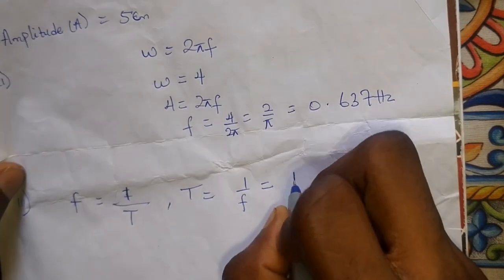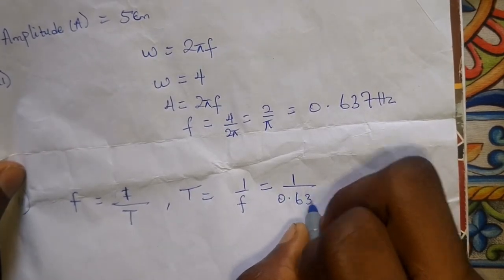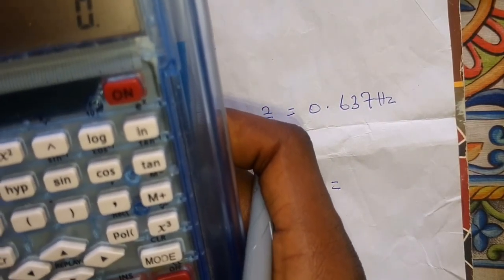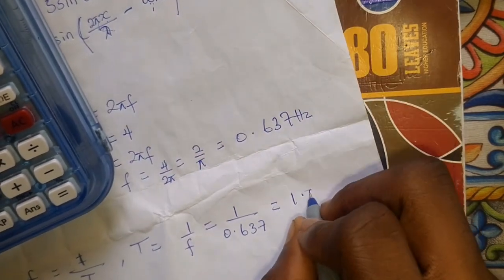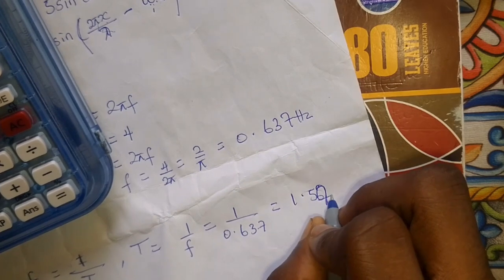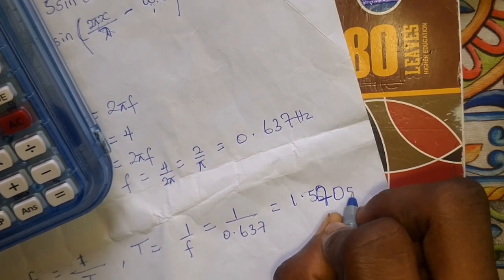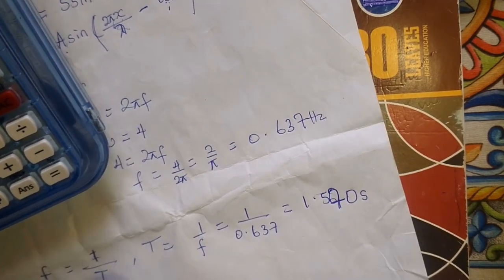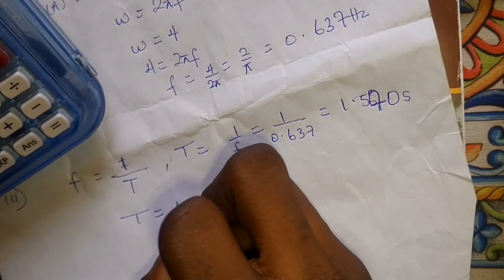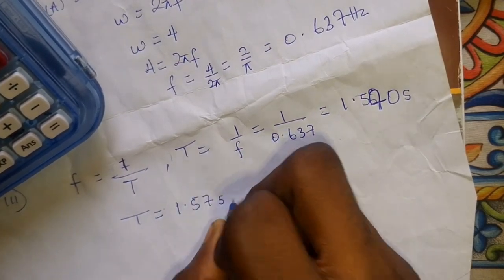So our period is 1 over 0.637, which gives us 1.56. Okay, we can round it to 1.57 seconds. Period is in seconds, so our period is T equals 1.57 seconds.